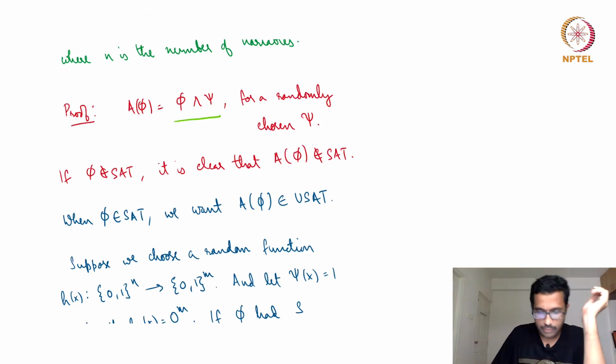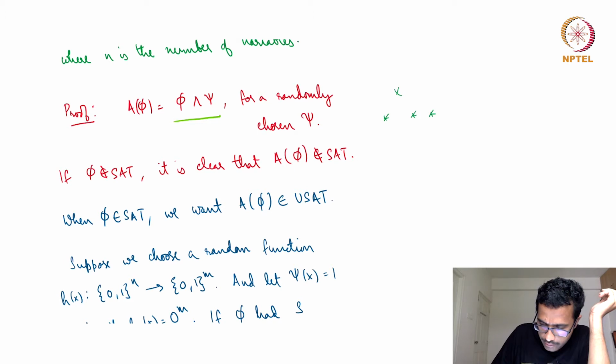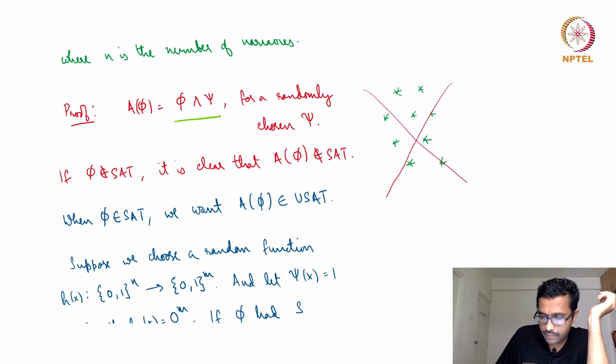Maybe just to draw a pictorial representation, of course I am drawing it in 2D, but this happens in n dimensions. Psi is like a series of cuts of halves of the plane.